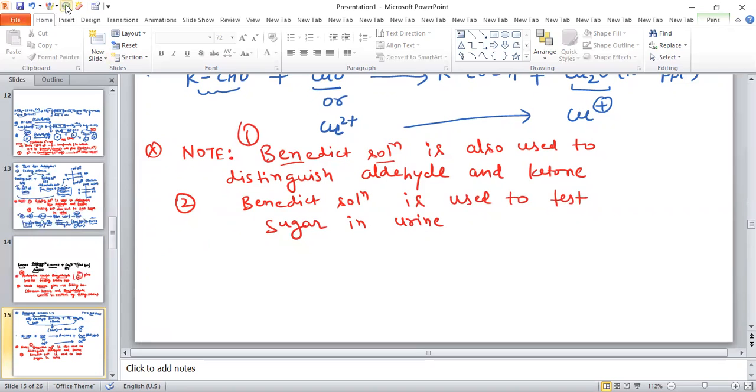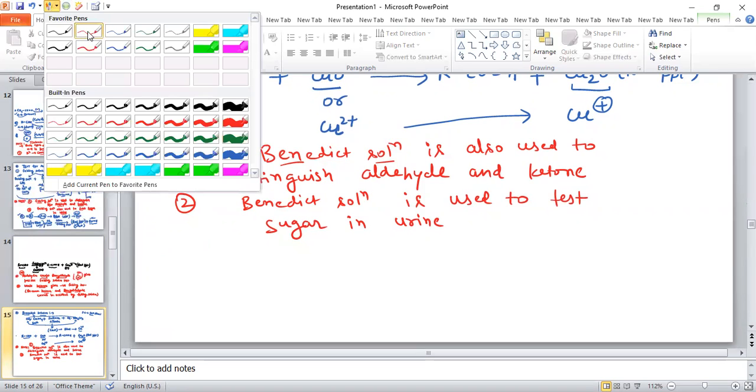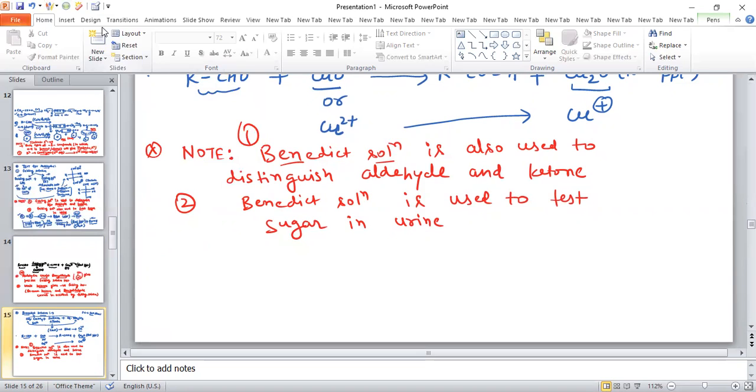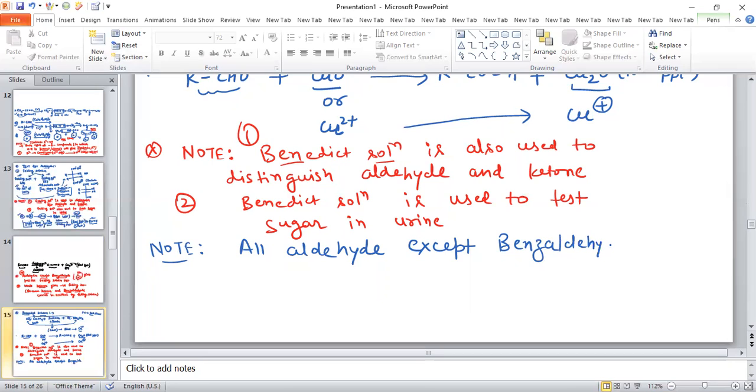So we will say benzaldehyde will not give the positive Benedict solution test. You can write this point in the note. All aldehydes, as in the case of Fehling's solution, the same in the case of Benedict solution, all aldehydes except benzaldehyde.